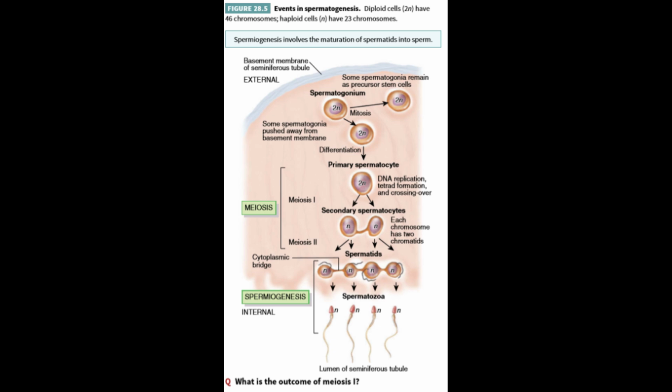Notice that the secondary spermatocytes, the two daughter cells produced from the primary spermatocyte, are not completely detached from one another. Instead, they have a structure called cytoplasmic bridge, which you just understand the name as it is. It is a bridge composed of the cytoplasm. It is a bridge that connects the two daughter cells, which are the secondary spermatocytes.